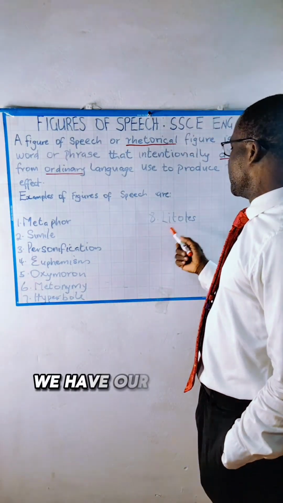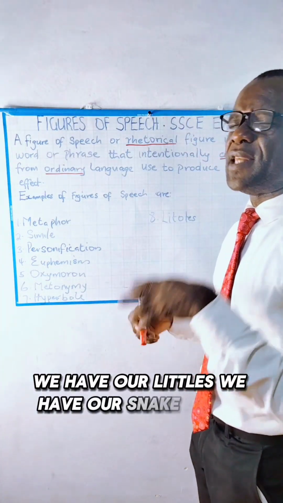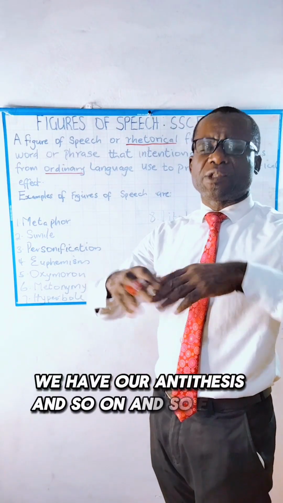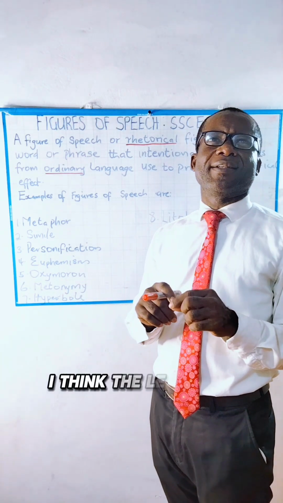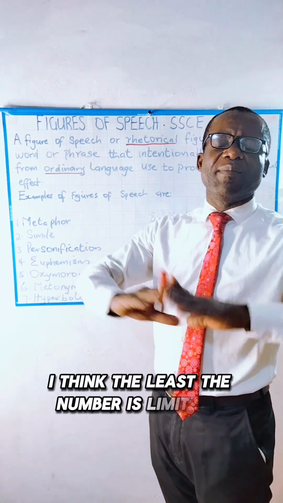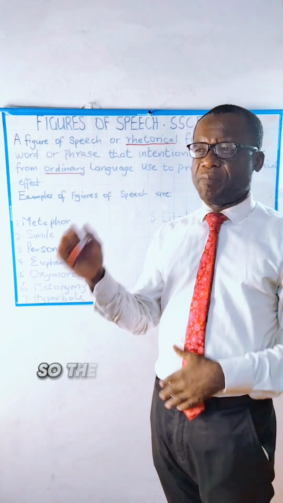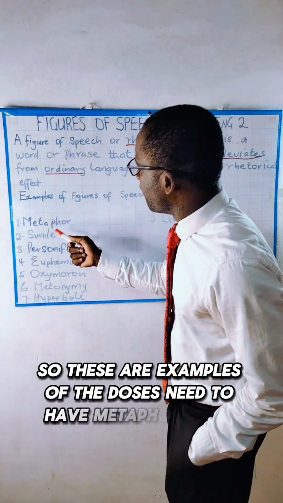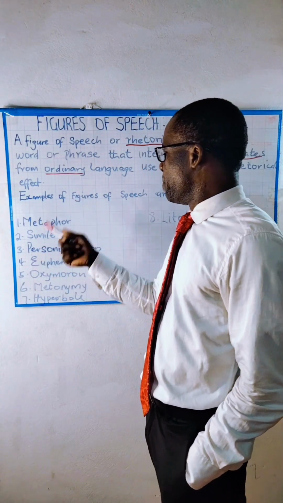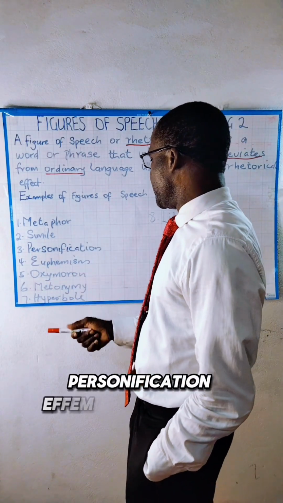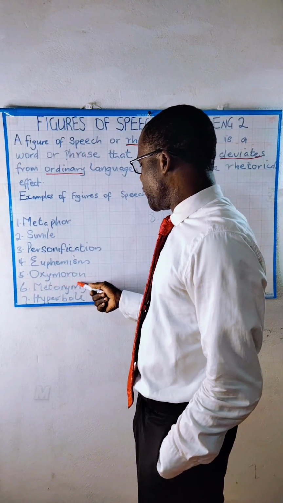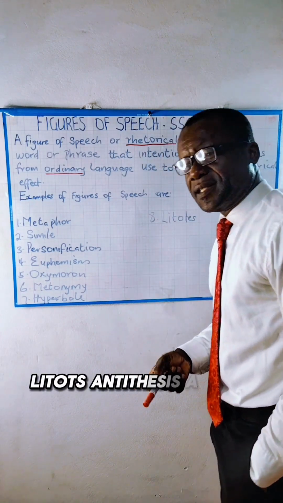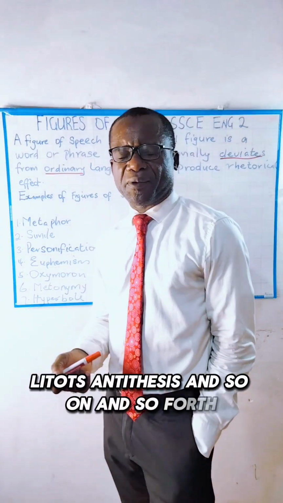We have litotes. We have synecdoche. We have antithesis, and so on and so forth. I think the number is limitless. So these are examples of figures of speech. You have metaphor, simile, personification, euphemism, oxymoron, metonymy, hyperbole, litotes, antithesis, and so on and so forth.